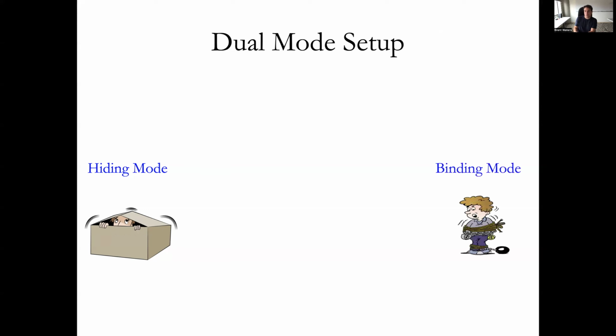Okay, now our solution will fall into what we call a dual mode setup. And this is kind of a common thing that happens in such a system, where there's 2 different types of setups I could do. The first setup, which I'll call hiding mode, will information theoretically guarantee that the hiding properties hold. There will also be a different type of way I could set up the parameters, which I call binding mode, which means that the soundness or binding properties will information theoretically hold. Now, clearly, these can't both hold at the same time.